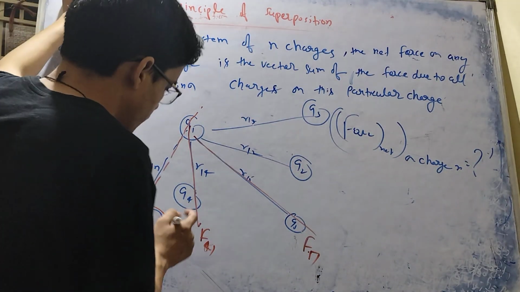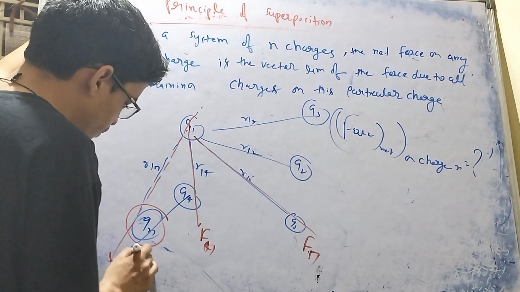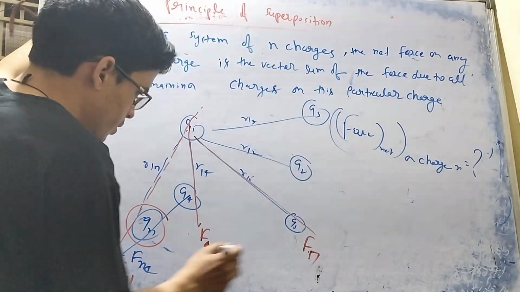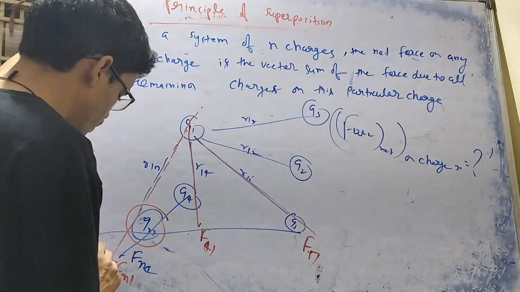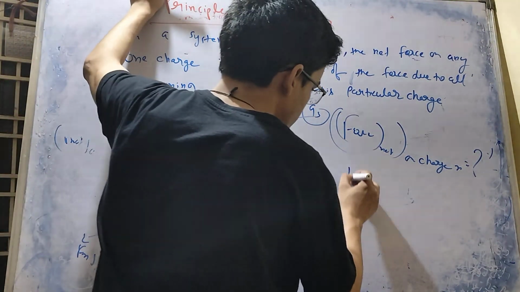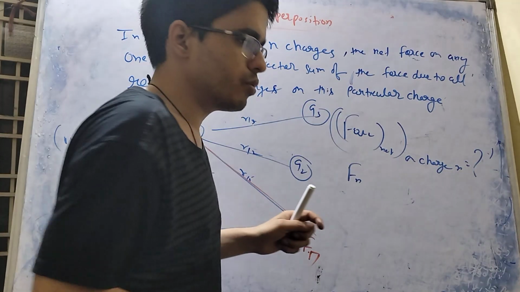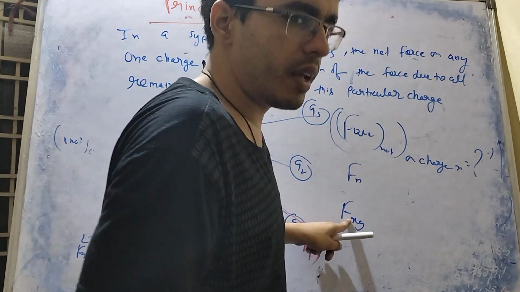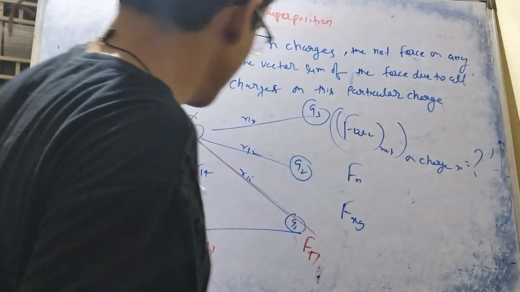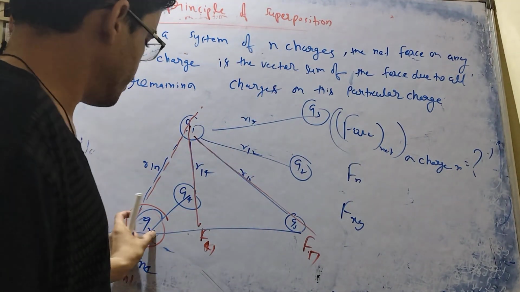And one thing here, tell me force on N due to fourth, and force on N due to fifth. Simply we can write here, suppose we have Fxy, force on X due to Y. Here I want to calculate the force on this N.